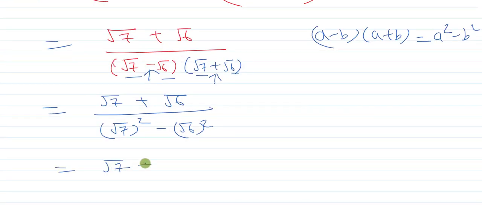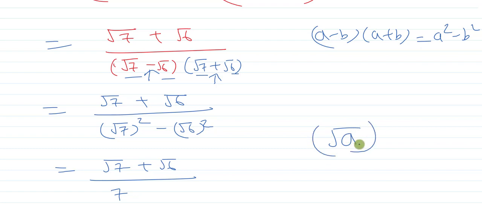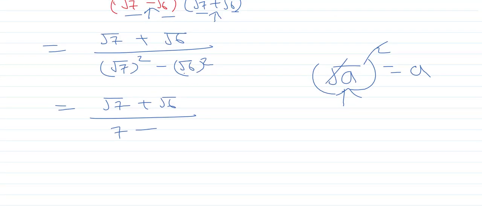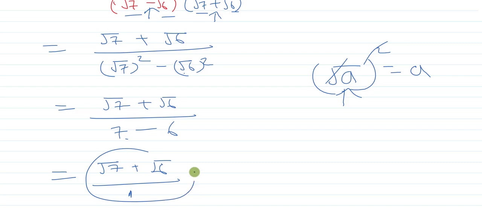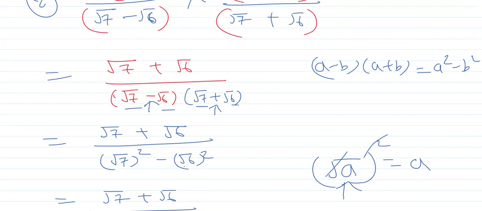Root 7 plus root 6 upon root 7 square will be 7. Always remember, if a square root is there and you are taking the square, the square root will be cancelled out. You have to directly write the internal term. Root 6 square will be 6. So the final answer will be root 7 plus root 6 upon 7 minus 6, which is 1. So this will be my final answer after rationalizing this denominator.